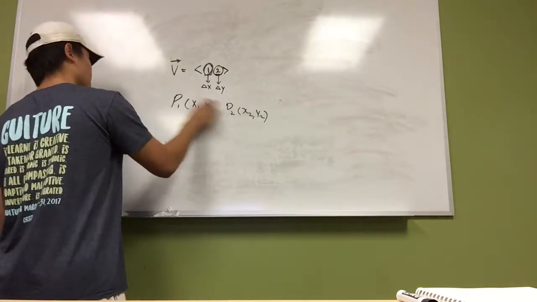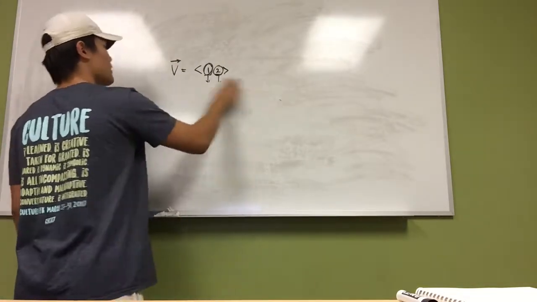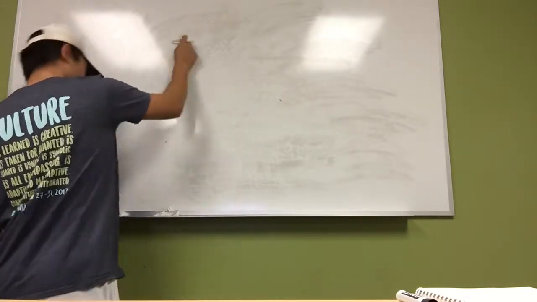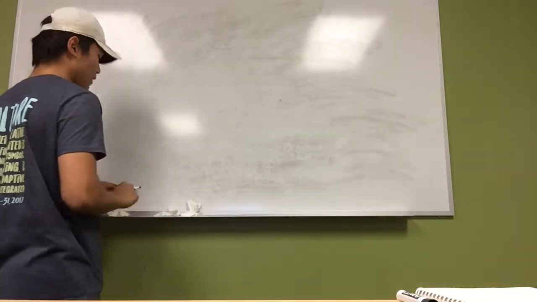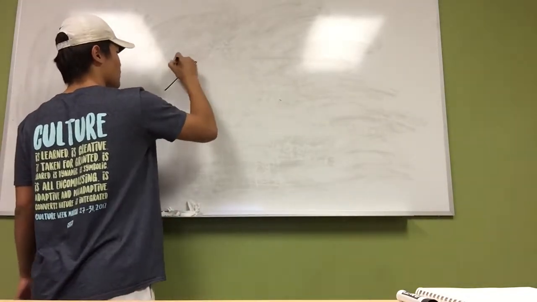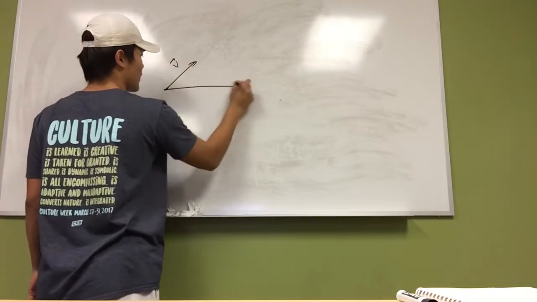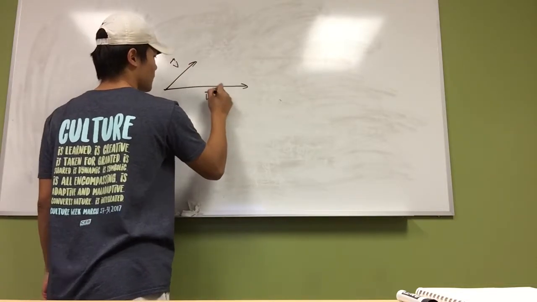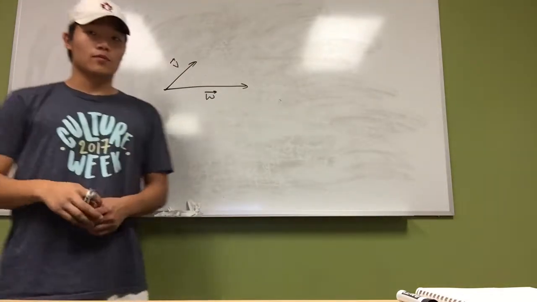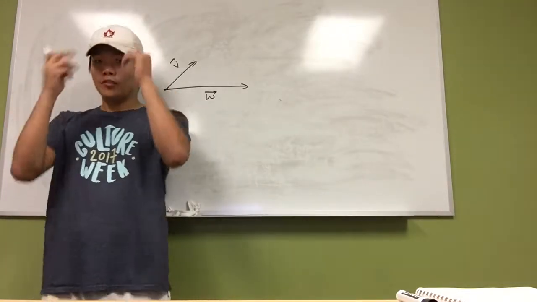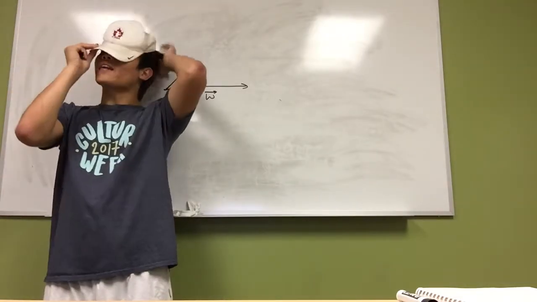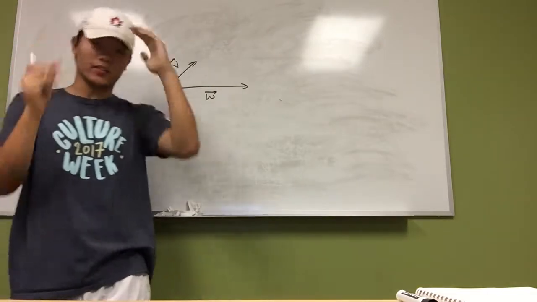Well, how do we add vectors? That is actually a little more simple. So we have vectors like this. We have a vector v, and we have a vector w. Do you see something that you think is important in adding two vectors?